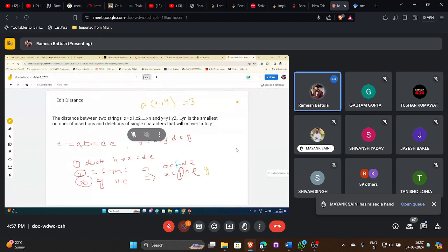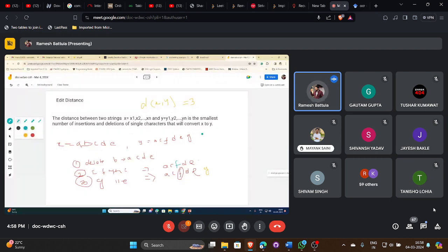So we have to find this edit distance. That is also there. One more definition here is LCS. LCS means longest common subsequence.